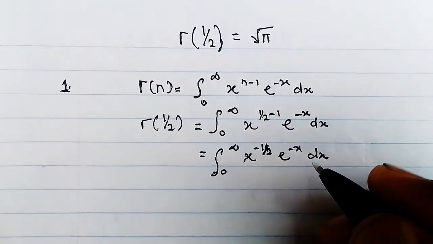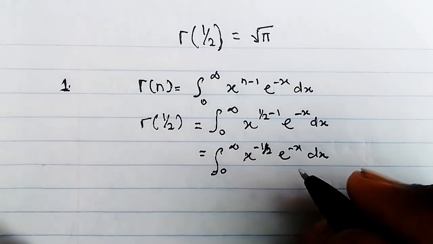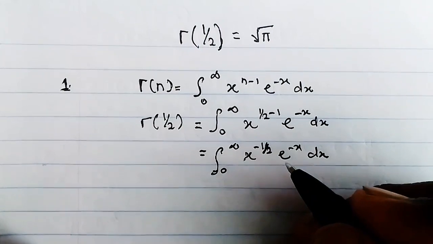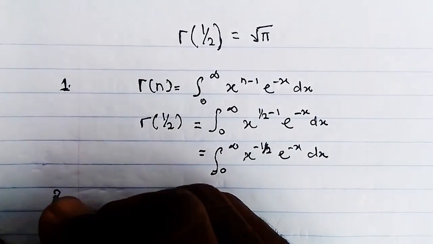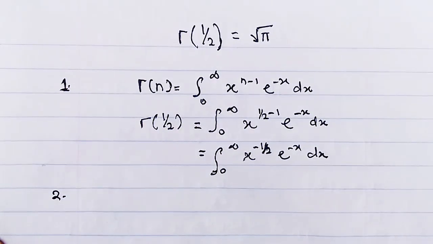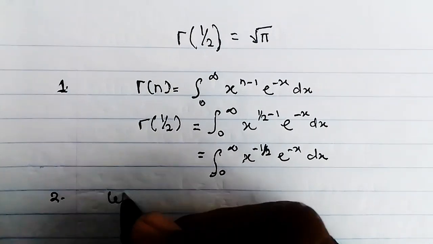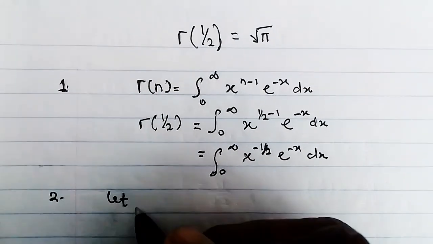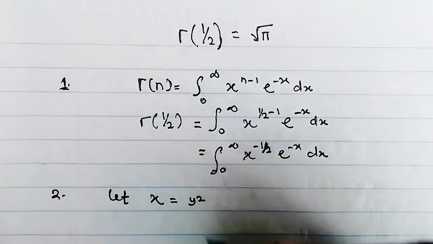Now I move to my step 2. Step 2 goes like this. Let x be equal to y squared.